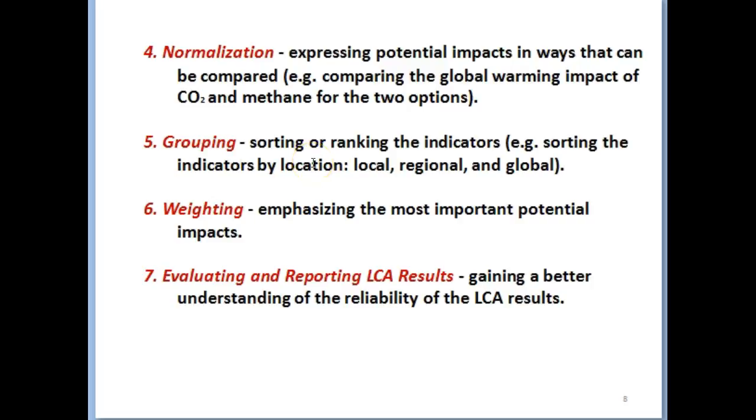For example, impacts can be sorted under global, regional or local scale concerns or high, medium and low priority impacts. Weighting gives emphasis on the most potential impacts. Relative importance of one impact is weighted against other impacts. And the last one is evaluating and reporting LCA results, which gives a better understanding of the reliability of the LCA results.